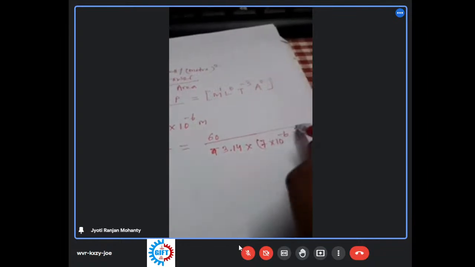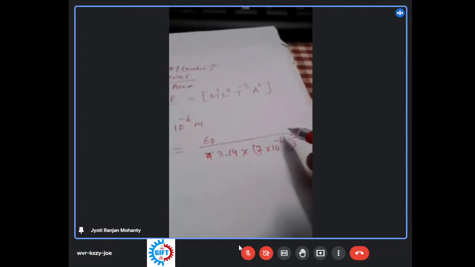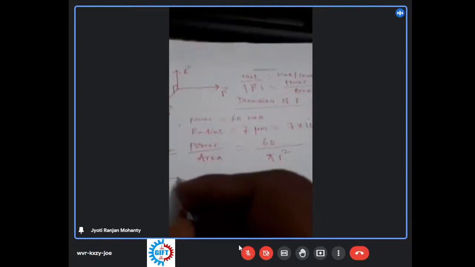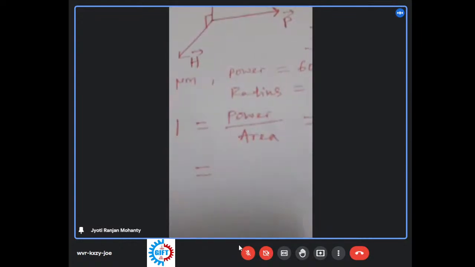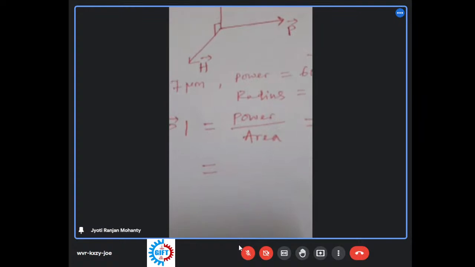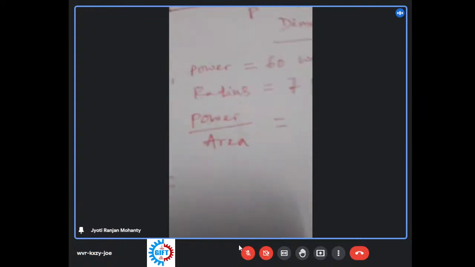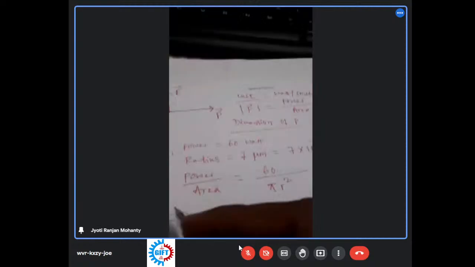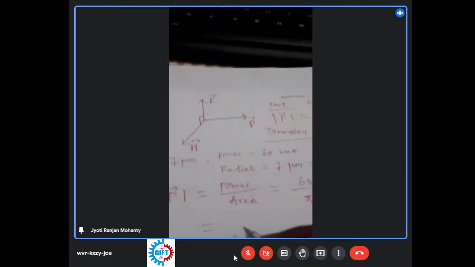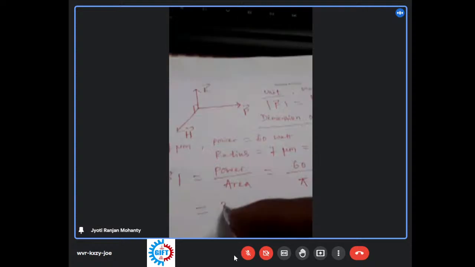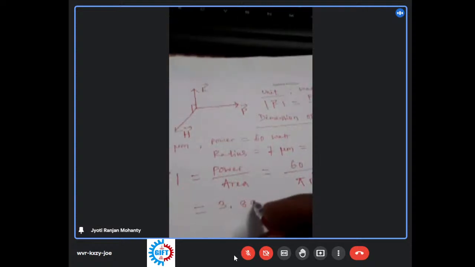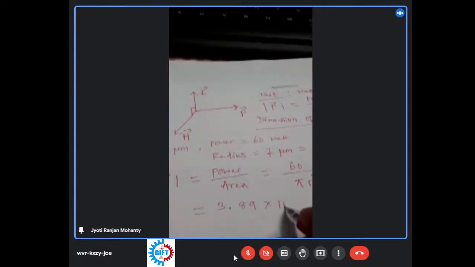Now you do the calculation like school children. 60 divided by this gives you the answer. The magnitude of the pointing vector is approximately 3.89 into 10 to the power 11.